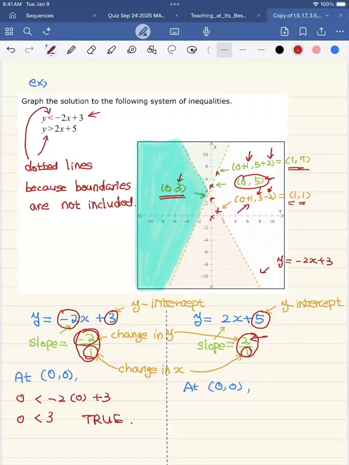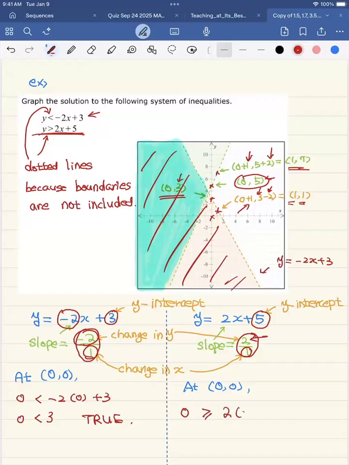So it must be this part. And let's consider (0, 0) for the second one also. Then it will produce the y value 0 greater than 2 times the x value 0 plus 5. So 0 is greater than 5, which is false.